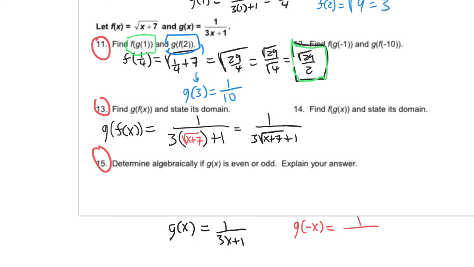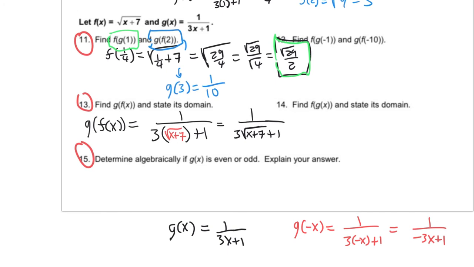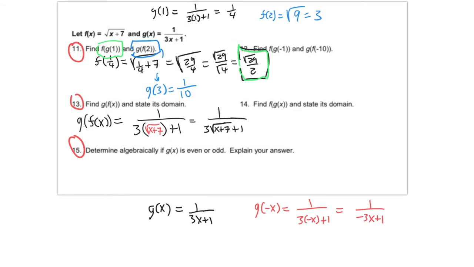So it becomes 1 over 3 times -x plus 1, and let's see what happens there. We end up with -3x plus 1, and that is sort of similar to the original function, but there is this negative that's in front of the 3.